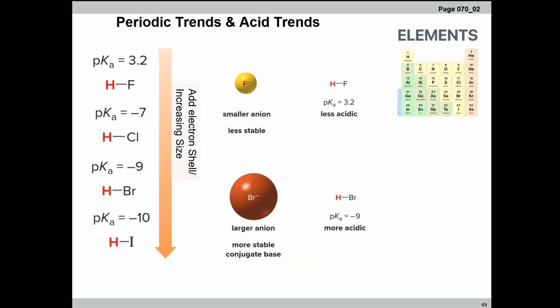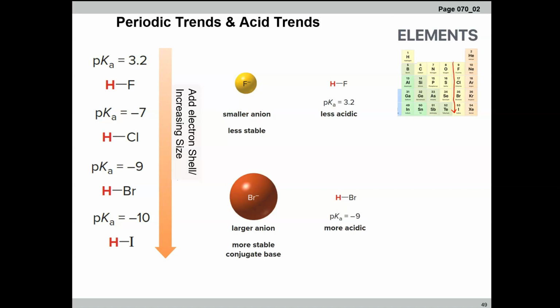And in the halogens, we'll just use this as an example, as we go from the top to the bottom of the periodic table, we can see that the size of the atom gets bigger as we go down, for example, between fluorine and bromine. That negative charge is distributed over a larger space, and that provides some stability in terms of where those electrons can be located.